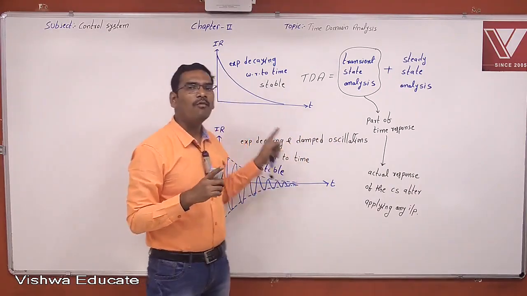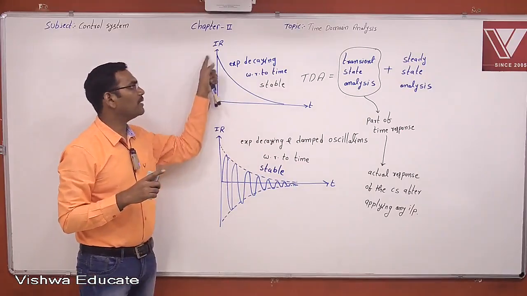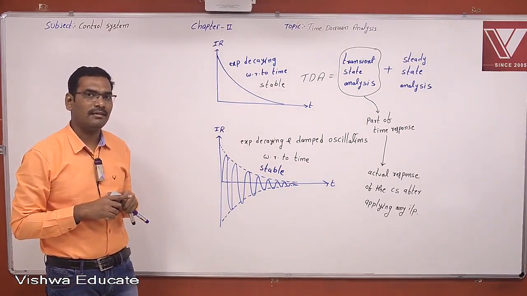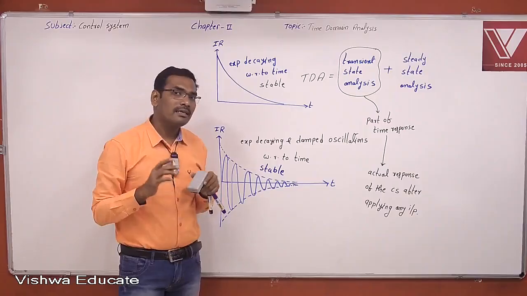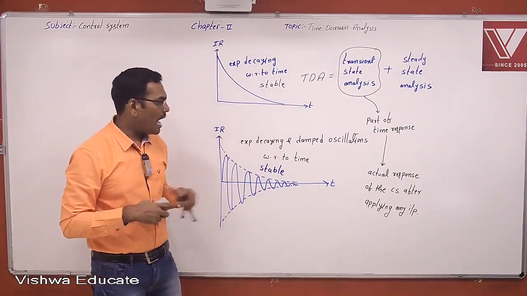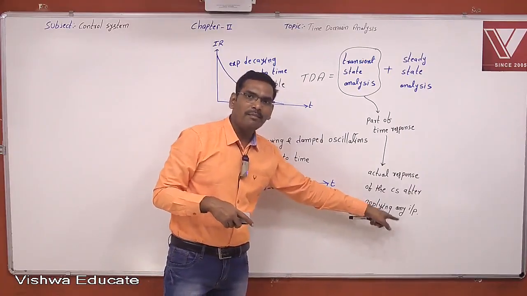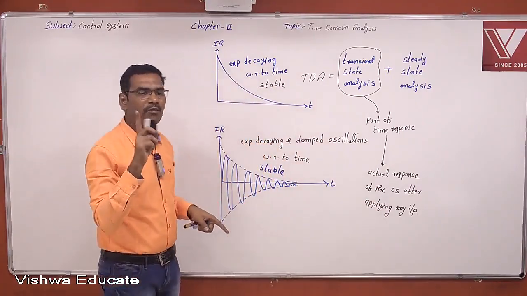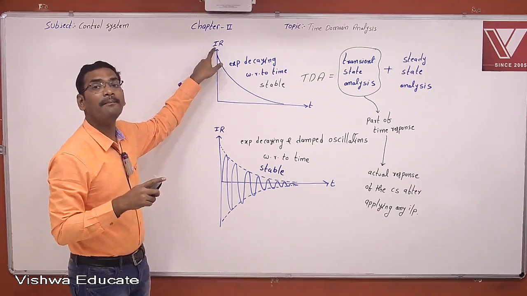Without any doubt, whatever we are doing is a transient state analysis. Then you ask one question: sir, does that mean the transient state analysis is completed? No. So far we applied only one input, the impulse input.